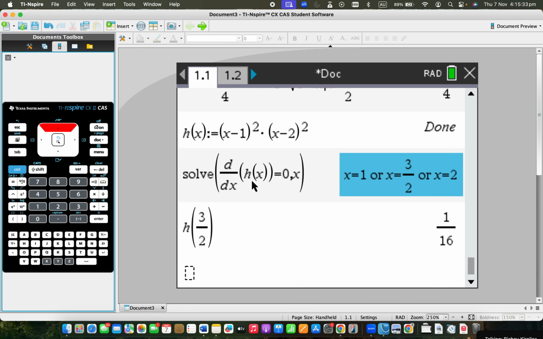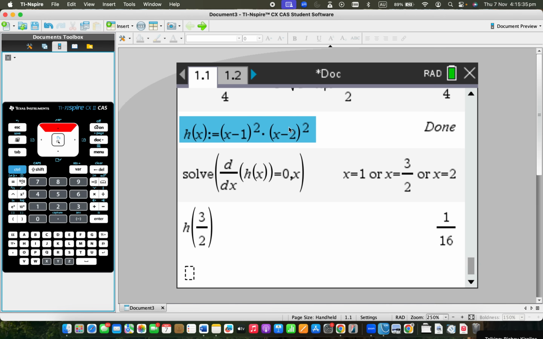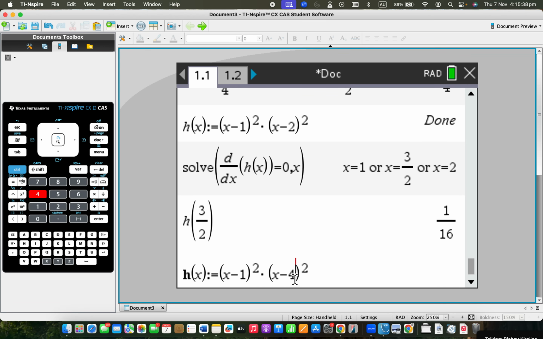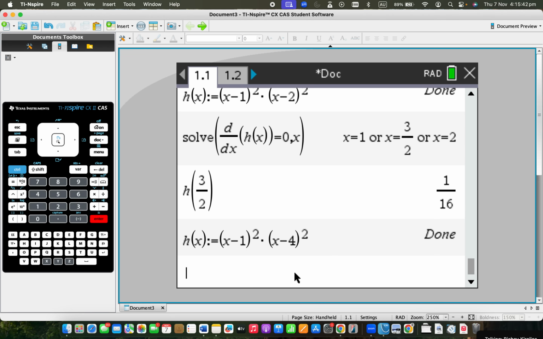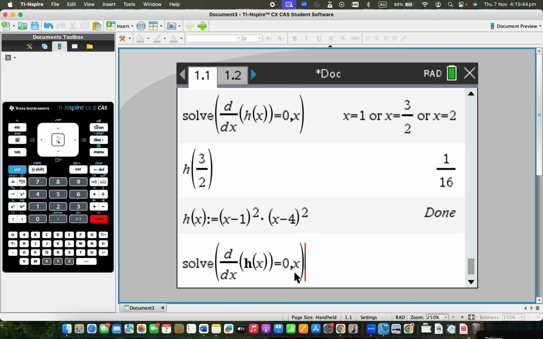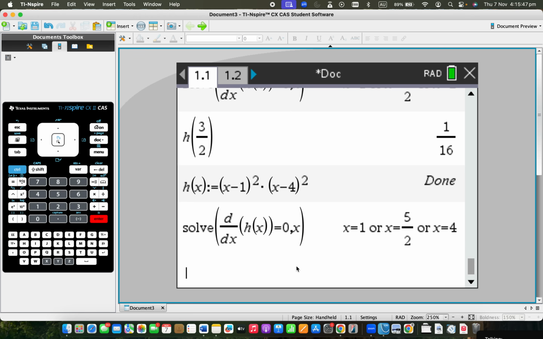I think I've defined it wrong. So h, it should be x minus 4 squared because it's x plus 2, x minus 2 squared. Did I do that right?